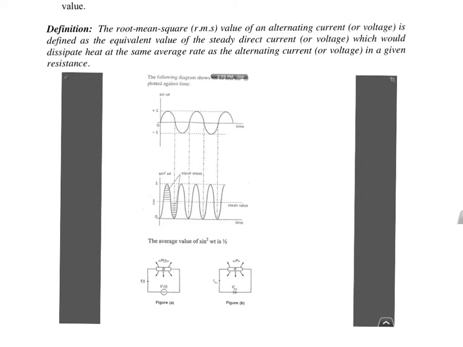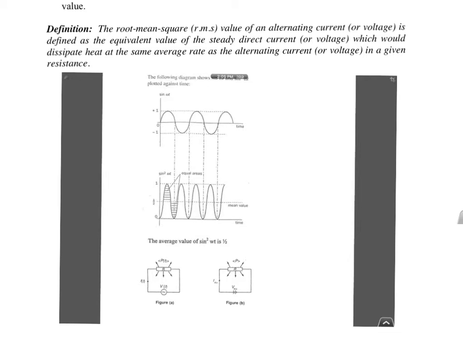It means it's the equivalent value of the voltage that you use here that will produce the same average power in your resistor as your AC in a given resistance. So what you just have to do is find the equivalent value of the direct voltage that gives you the same average power. Now this is a very useful term, RMS, because it allows you to convert from AC to DC without having to do much work.